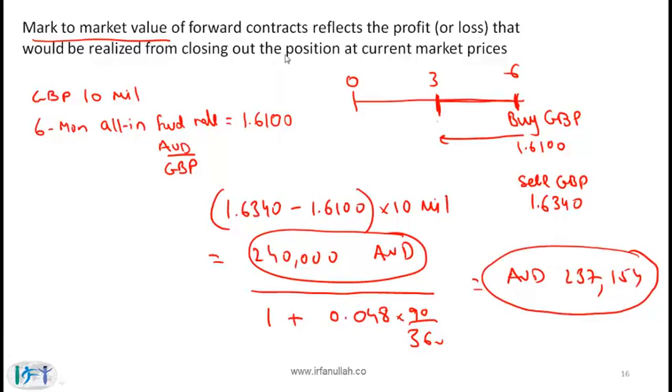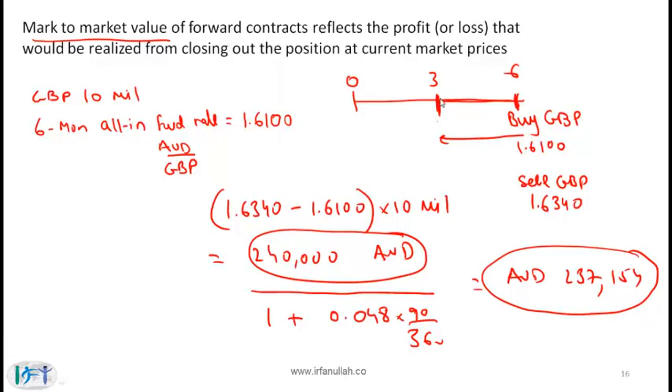And again, coming back to our original statement, our mark to market value is 237,154, because if we close out our forward contract over here, that's effectively the profit that we make.